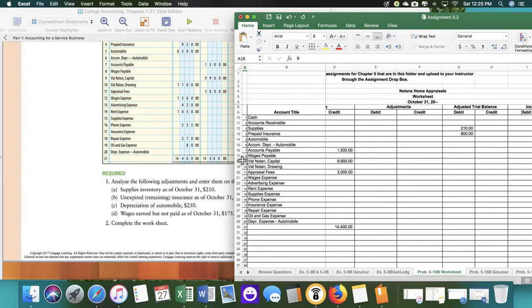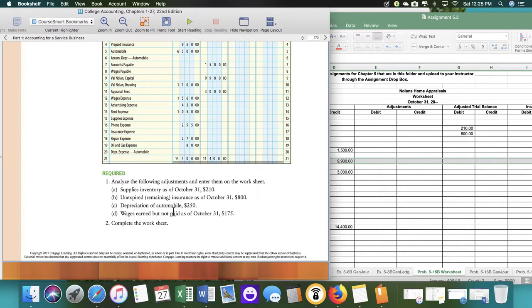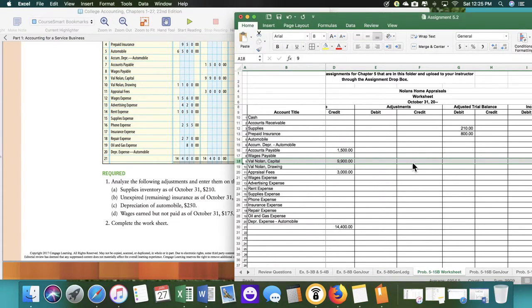Anything below capital is going to be increased with a debit. Anything above is increased with a credit 99% of the time. We will have one transaction in week 11 where it is different. So depreciation of automobile, it's going to go into accumulated depreciation.